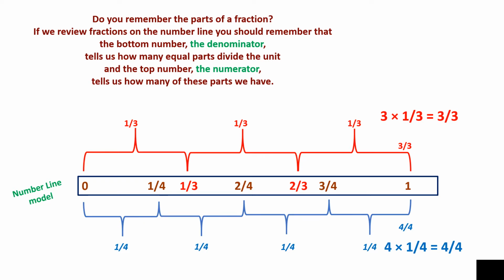The denominators, the 3 or the 4, tell us how many equal parts there are in a unit. But that number on top, the numerator, tells us how many we have. On the number line here, we can see 1/3, 2/3, and 3/3. And we can also see 1/4, 2/4, and 3/4.